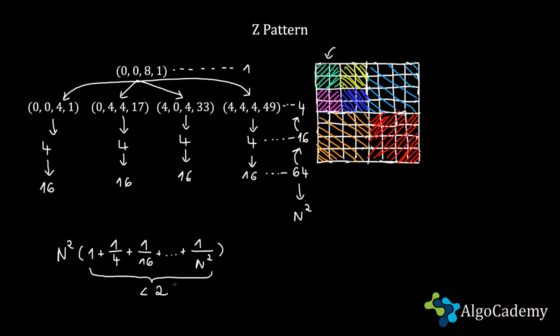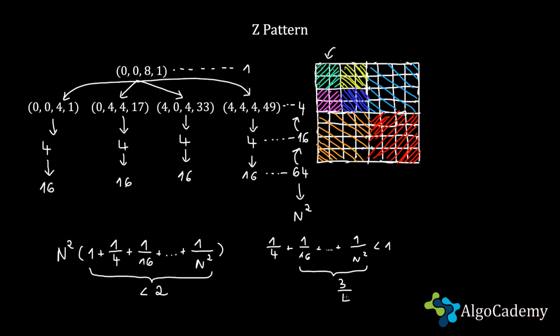But another way of looking at this is the following. For this sum to be less than 2, the sum of all the numbers except 1 has to be less than 1. So 1 divided by 4 plus 1 divided by 16 plus, and so on and so forth, 1 divided by n squared has to be less than 1. Well, for this to happen, the sum of these numbers except 1 divided by 4 has to be less than 3 divided by 4.